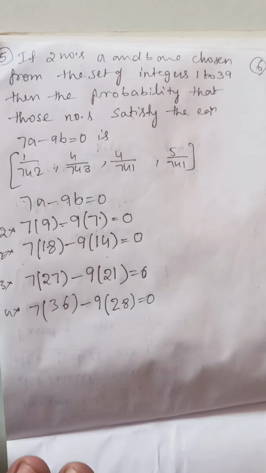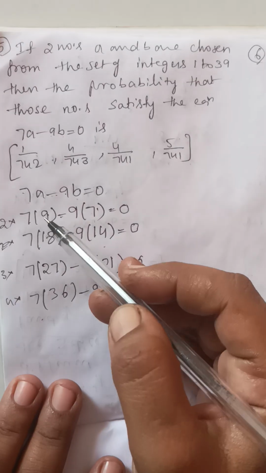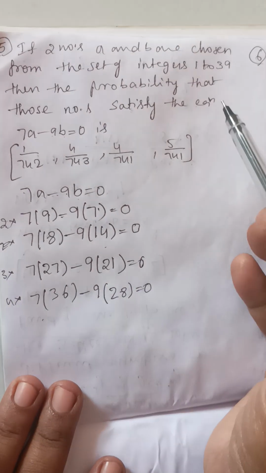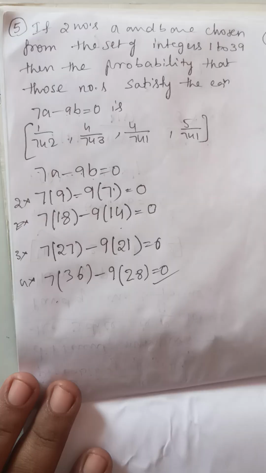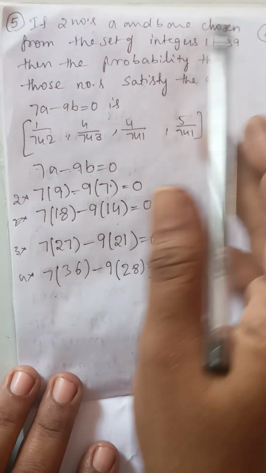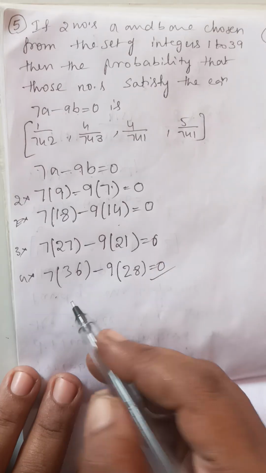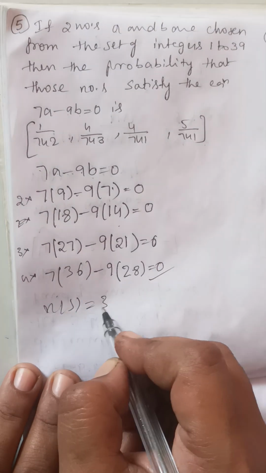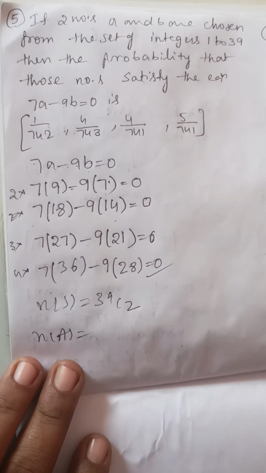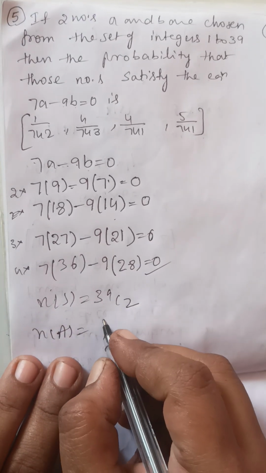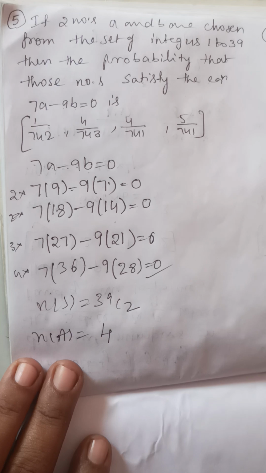We can't take it: if you multiply with 5, we will get 45, but it is not there in our list. It is up to 39 only. So this is the end. So out of 39 integers, we are choosing only 2. So n of S equal to 39C2, and n of A equal to 4 pairs.